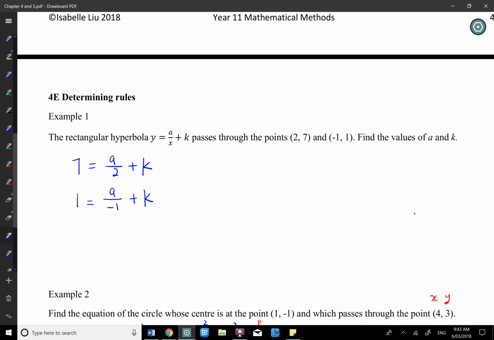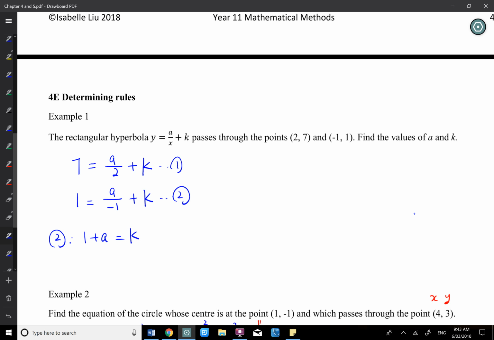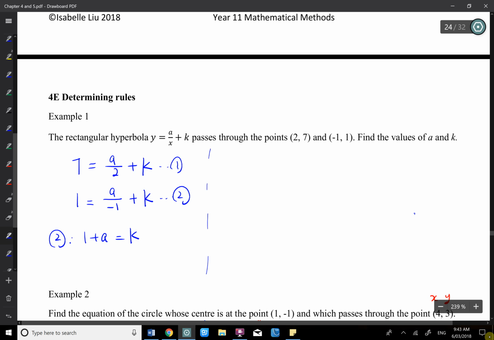Okay, so the second equation can become, that's minus a, so 1 plus a equals k. Plus the a to that side, 1 plus a equals k. So I can sub that into the first equation: 7 equals a half a plus 1, that's the k, plus a plus 1.